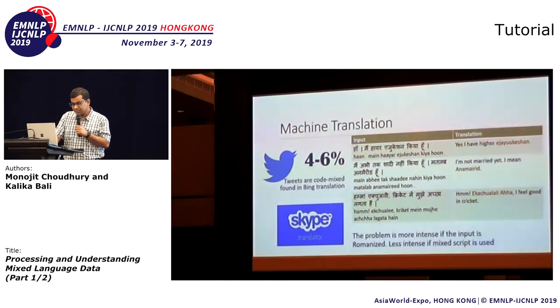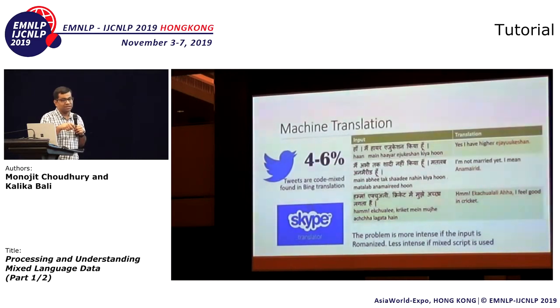But here, what is happening? We are giving all the input in one language, in Devanagari script. But the problem is more intense if the input is given in Romanized form, because you have many other variations. In Twitter, somebody is probably writing something all in Roman script, and then if you try to translate and build a model, especially from Roman Hindi to English, it's even more difficult.